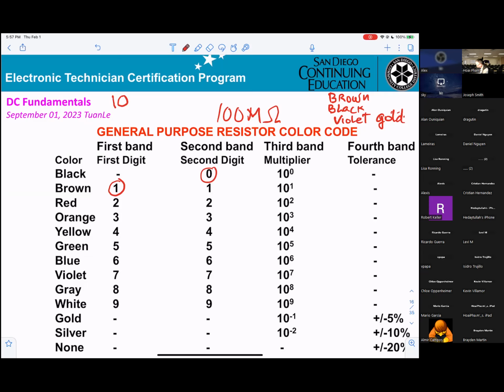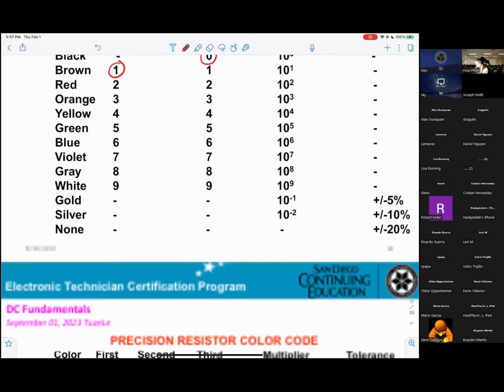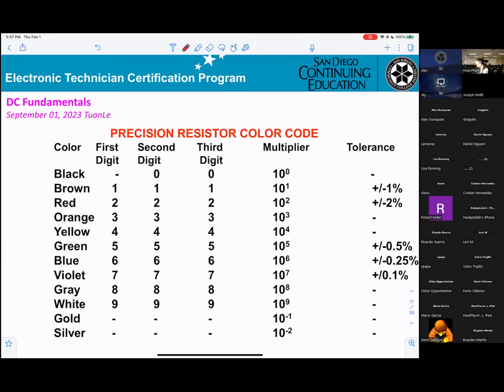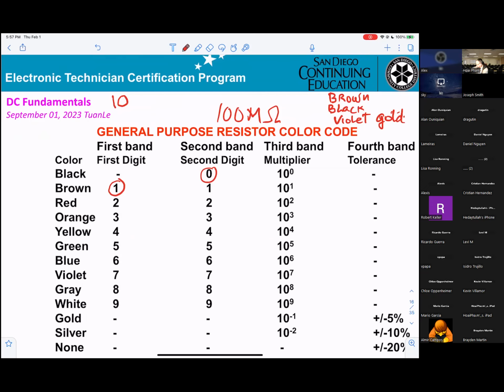You want a mega ohm. Is mega 10 to the 6? Brown, black, violet, gold. First you get the brown, next the black, and it will be multiplied by violet, right here.